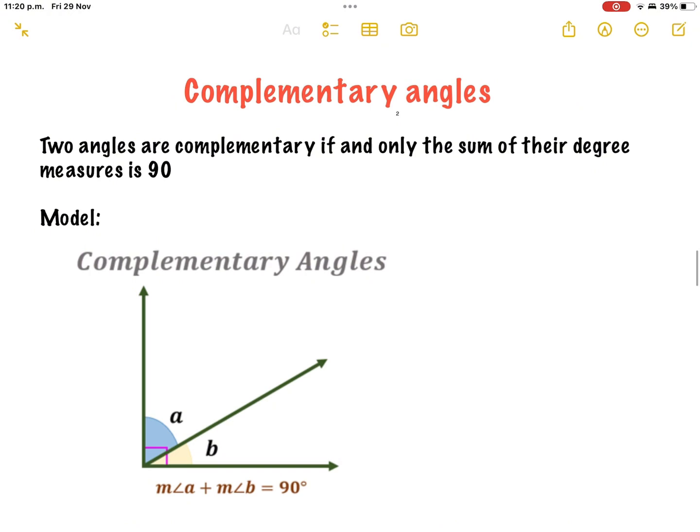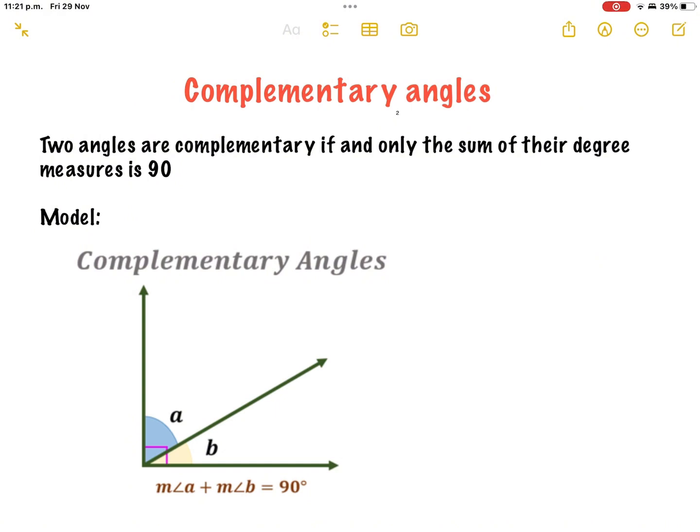After looking at these angles and these lines, now we're going to see the complementary and supplementary angles. Firstly, the complementary. The complementary are two angles whose sum of their degree measures is 90 degrees. We need to remember that in these angles, it's not obligatory for them to be together.